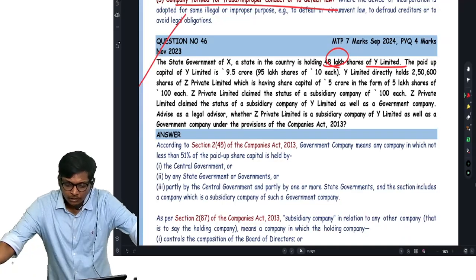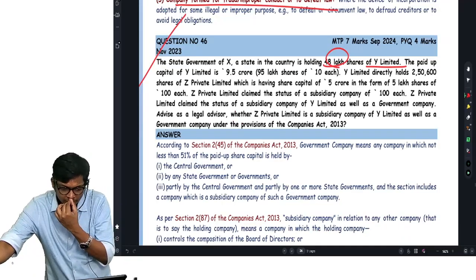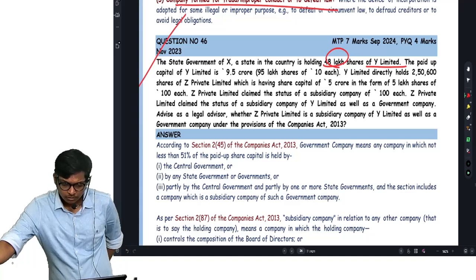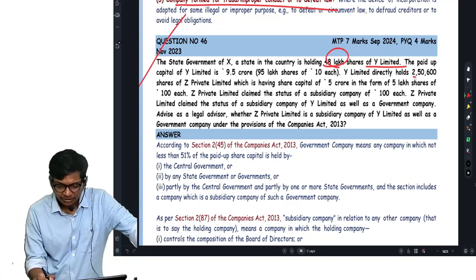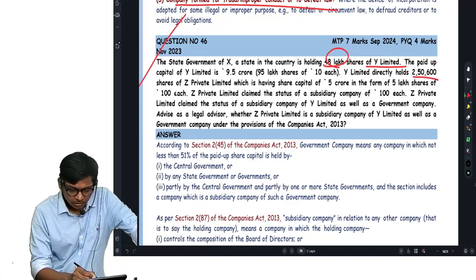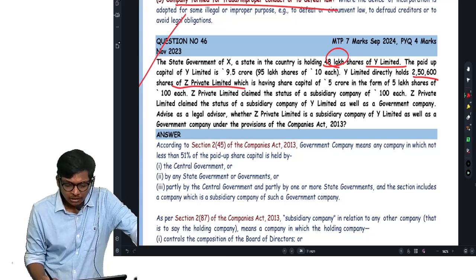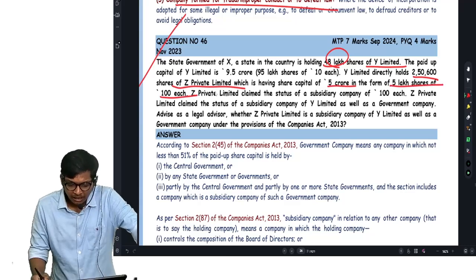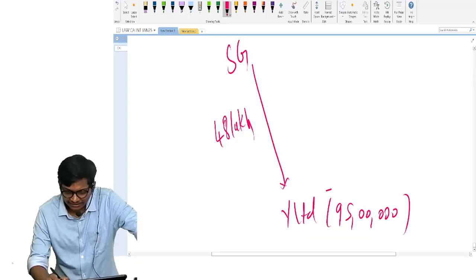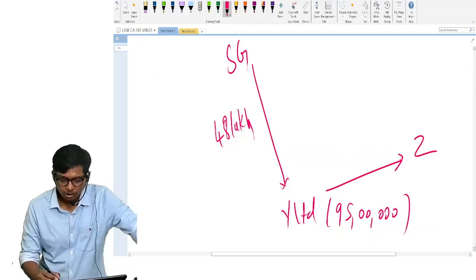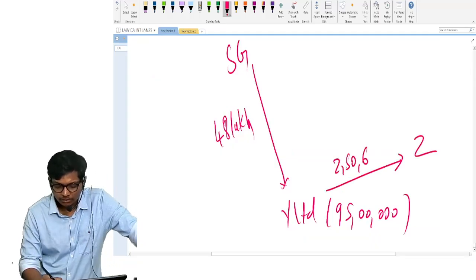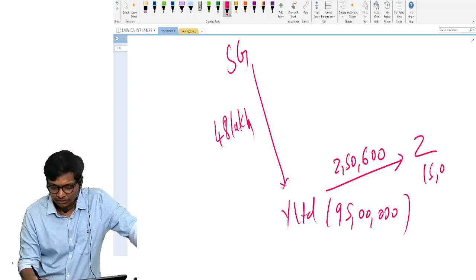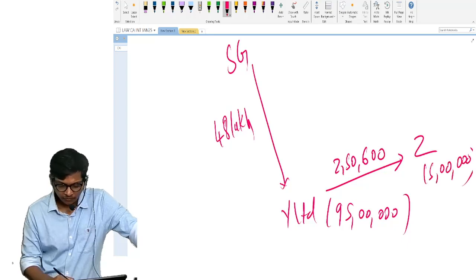Okay. Y Limited directly holds 2,50,600 shares of Z, which is having a share capital of 5 crores, 5 lakh shares of 100 each. So Y has in Z 2,50,600, where Z has totally 5 lakh shares.